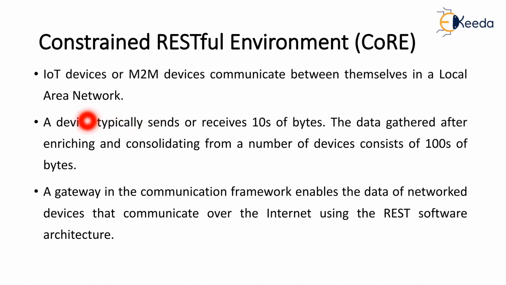For example, a device typically sends or receives 10 bytes of data. The data gathered after enriching and consolidating from a number of devices consists of 100s of bytes of data. A gateway in the communication framework enables the data of network devices to communicate over the internet using the REST software architecture, that is, representational state transfer architecture.